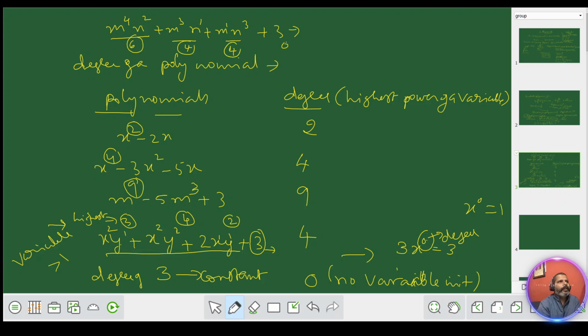What is the degree for the constant? 0. Pick the highest among the degree of each term. That will be the degree of the polynomial. Covered? Clear, right? So this is how we find the degree. Degree is nothing but the degree of the polynomial. Okay, let's move on.